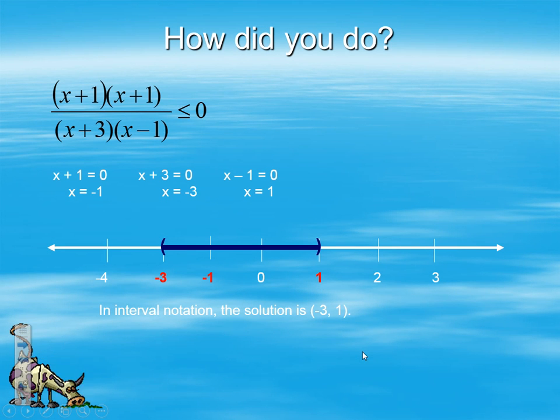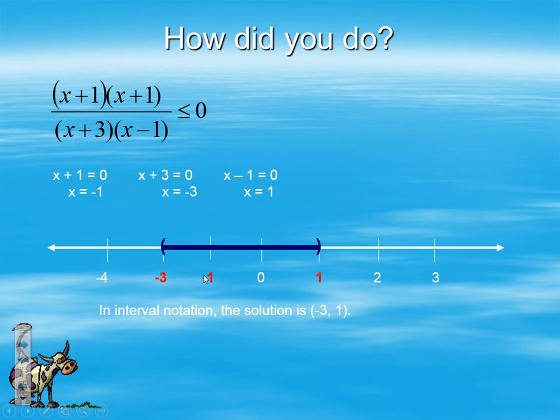So, how did you do? Well, if we look at this solution, I expanded the numerator, I factored my denominator, then I set the factor in the numerator equal to 0 and my factors in the denominator equal to 0 and solved. Those were my critical values, so I placed them on the real number line. Then I picked a value in this region, picked -4, substituted into the original problem, and found out that it was false.